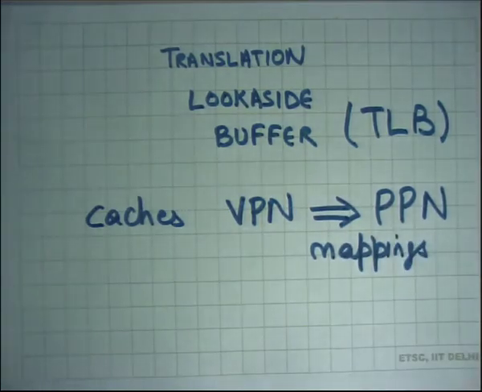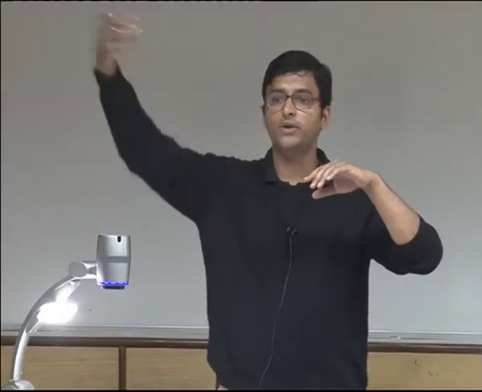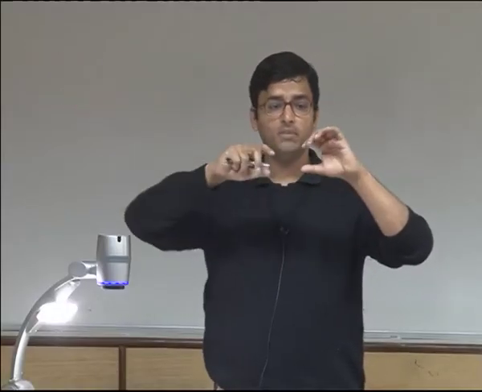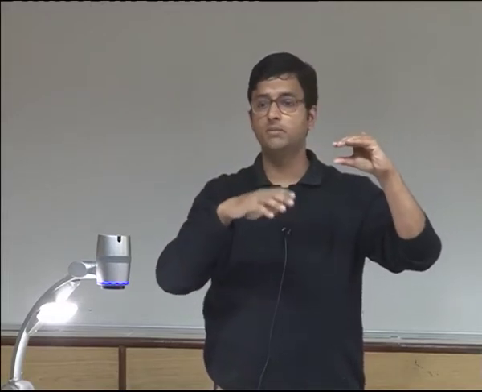Each time you access a virtual address, you walk the two level page table and get a physical address. But the page table structure was providing a mapping from the virtual page number to the physical page number.